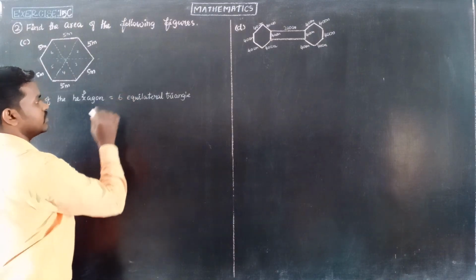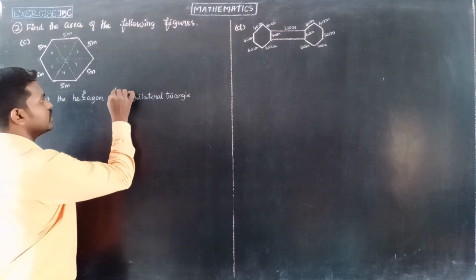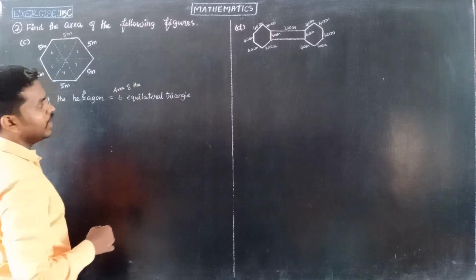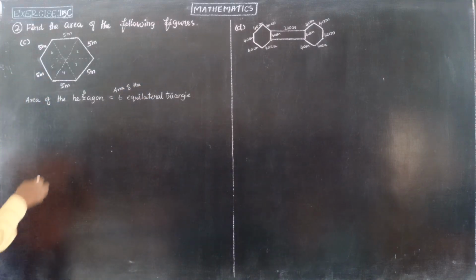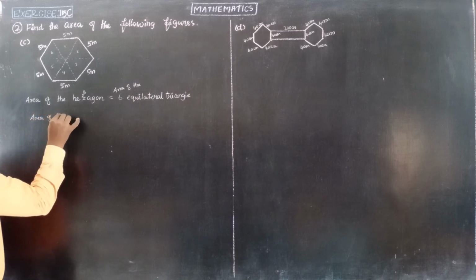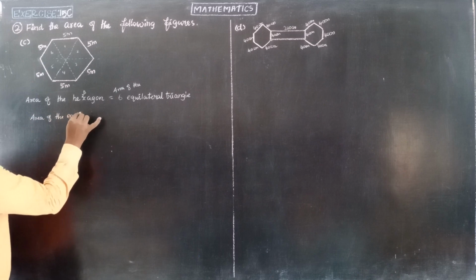So the area of the 6 equilateral triangles. First, the area of the equilateral triangle formula.